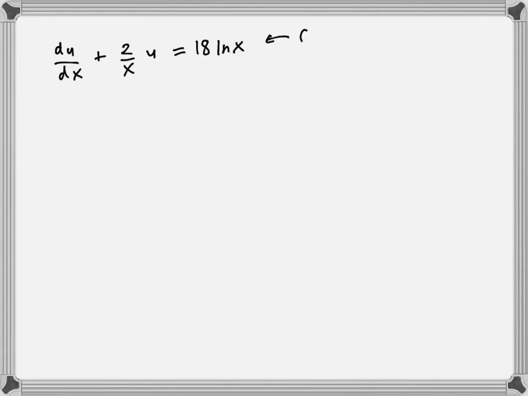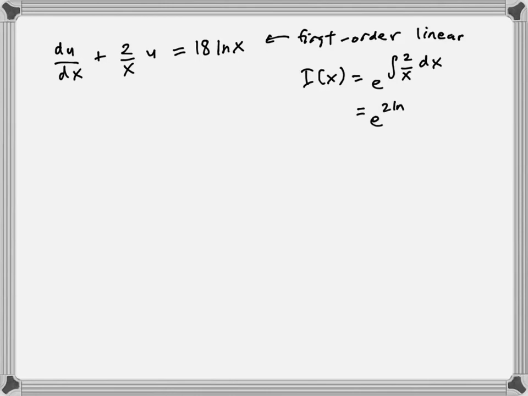So how do we solve a first order linear? Remember, we need to find the integrating factor. That's going to be e to the integral of 2 over x dx, which is going to be e to the 2 natural log of x.